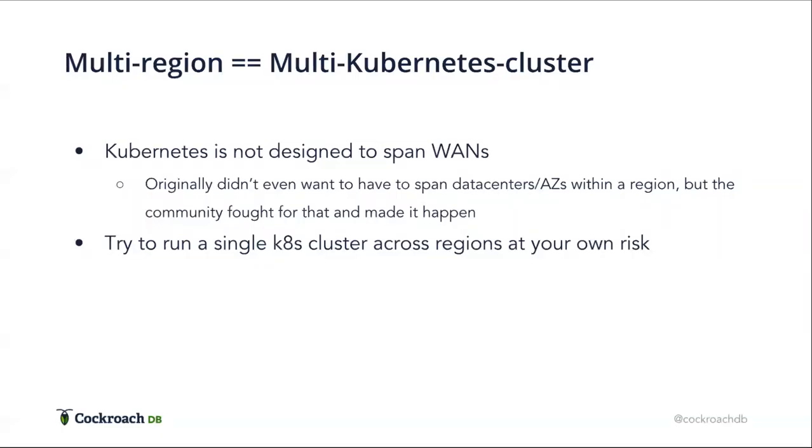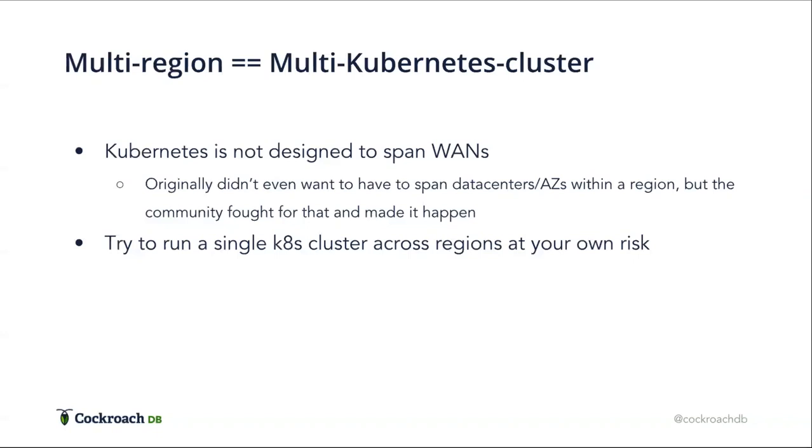And some of you might have noticed that so far I've been using the terms multi-region and multi-cluster essentially interchangeably. And that's because Kubernetes is not designed to have a single cluster span multiple regions on the wide area network. For quite a while, it wasn't even recommended to have a single cluster that spanned multiple availability zones within a region. The community fought for that, and so that's now a recommended configuration.